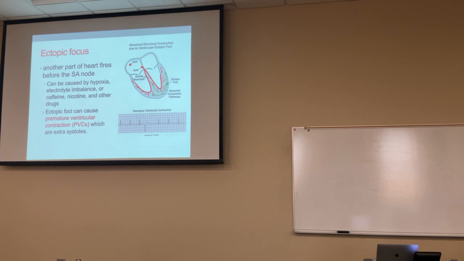Different parts of the ventricles will contract at different times. And if that happens, then the ventricles aren't able to contract as one, and the heart won't be able to pump blood.